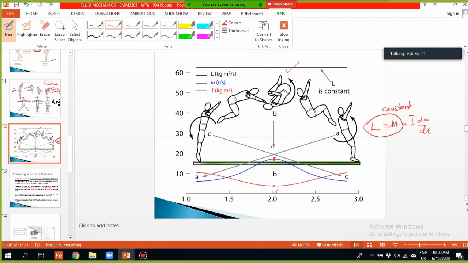When you have the lowest I, this is the lowest point of I, it produces the highest omega. Okay, so this is the relationship of moment of inertia and angular velocity towards the net torque.